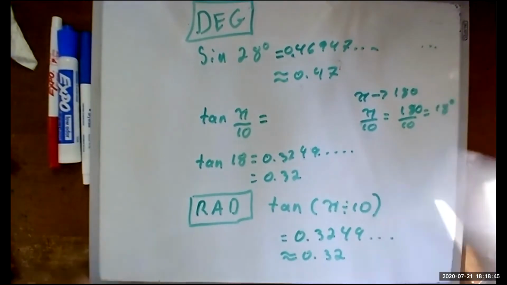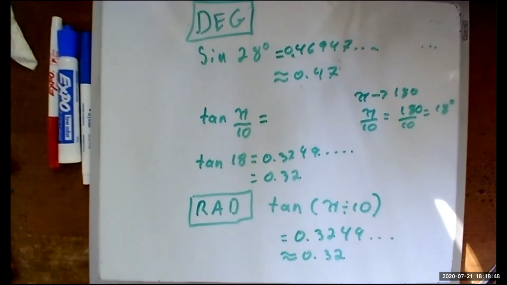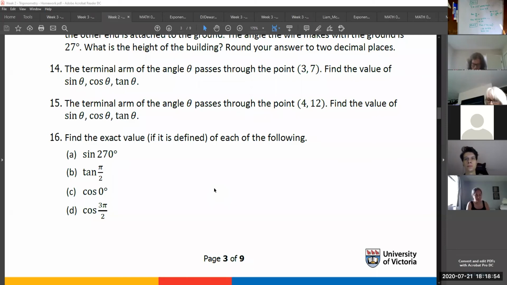Any other questions on that? If we're all good with that, I want to move on to question 16. Coming down to look at question 16: find the exact value, if it is defined, for each of the following.